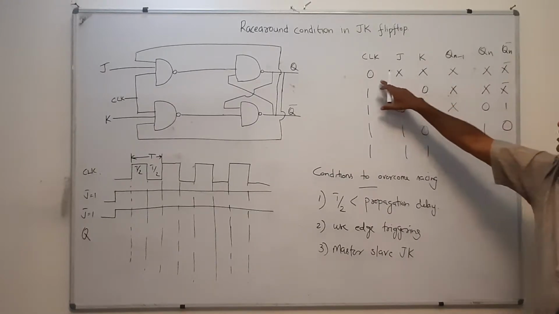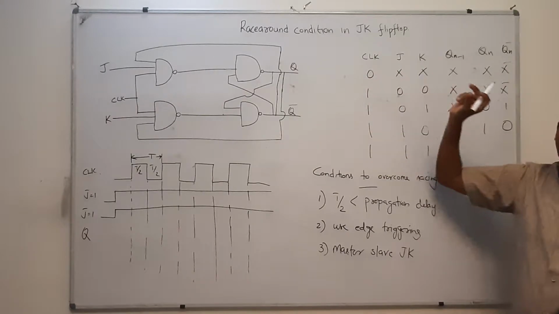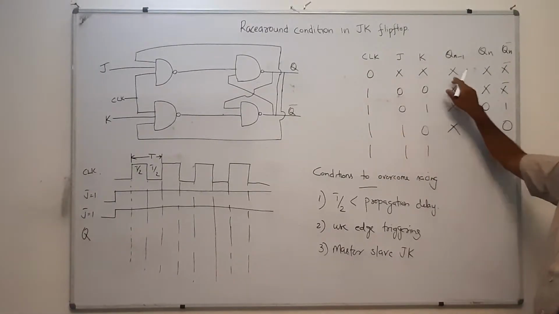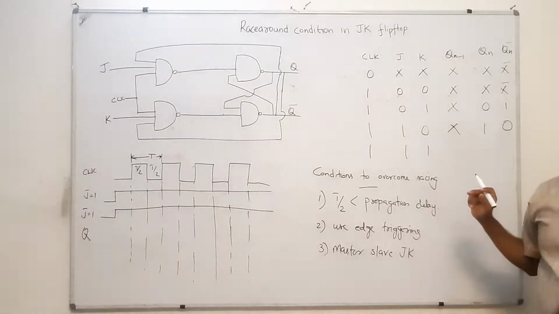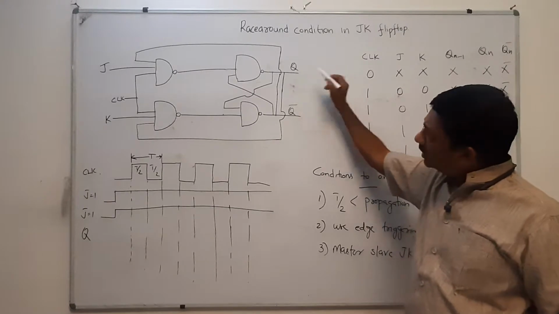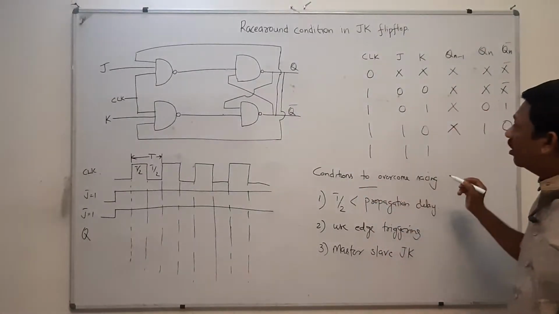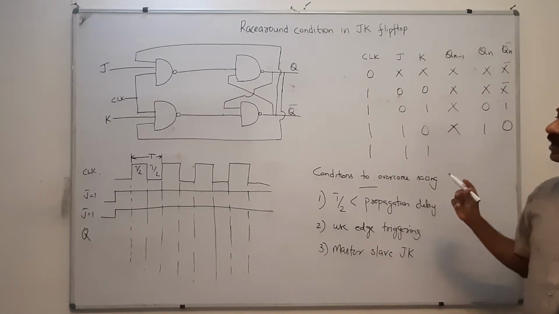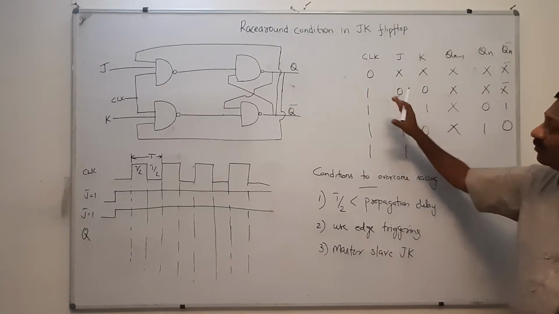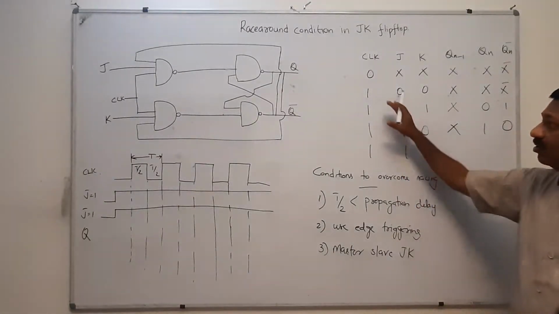So if the clock is 0, it returns the previous output for the next cycle. We are interested only when the clock is 1.